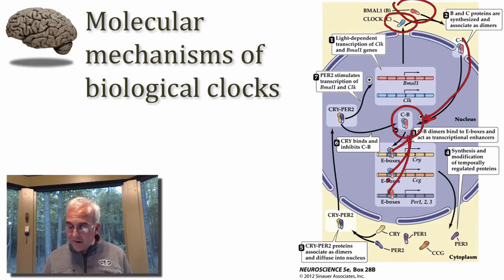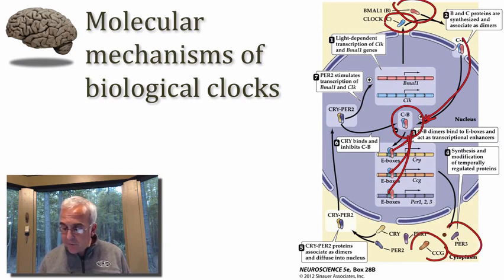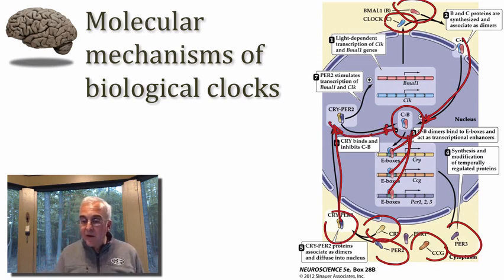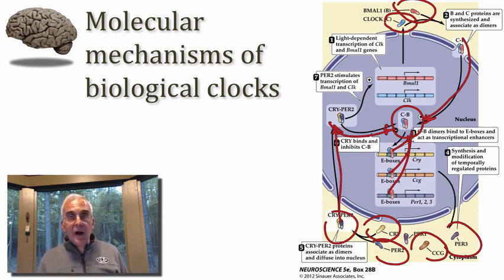The ones we understand best are these proteins CRY and proteins from the PER family, PER3, PER2. Several of these proteins will aggregate and form their own dimers that then translocate to the nucleus. And as they do so, they inhibit or they prevent the binding of this BMAL1 and Clock protein dimer to these E-boxes. So this is a form of negative feedback.